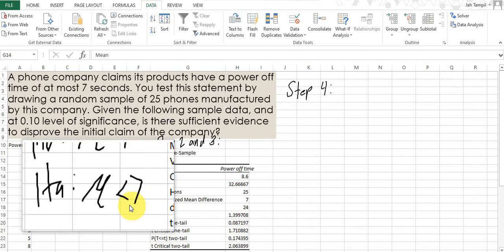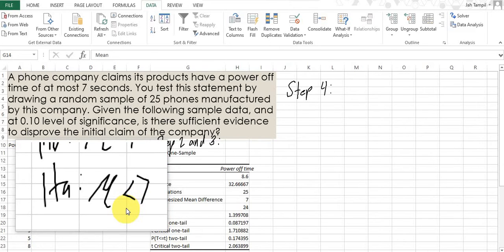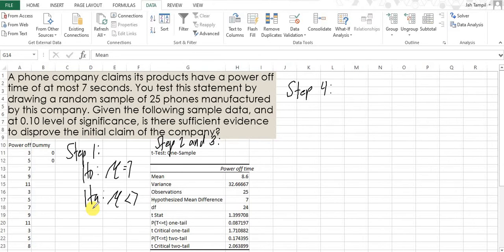We have to go back to our alternative hypothesis. We have identified before that our alternative hypothesis is one tail, lower tail. Therefore, the one tail is the one that we will use, the p of one tail, which is this one.